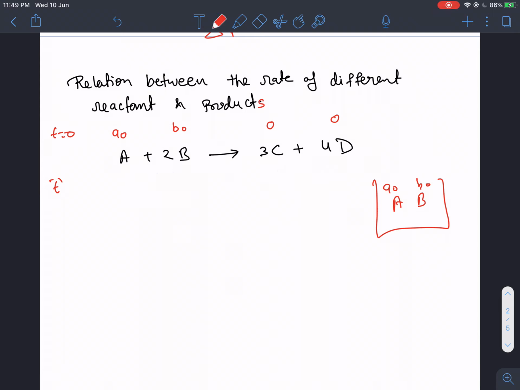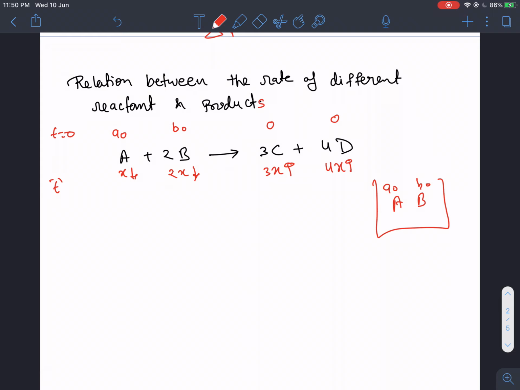So if X mole of A is consumed, then for every X mole of A, how many moles of B will be consumed? 2X mole of B, right? For every X mole of A, how many moles of C will form? The answer will be 3X mole. For every X mole of A, how many moles of D will form? The answer is 4X.